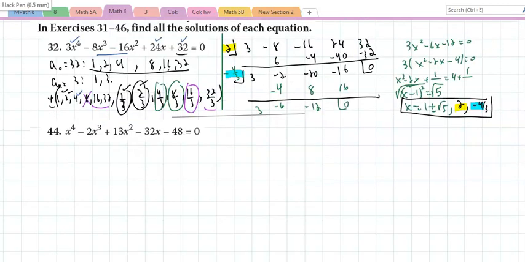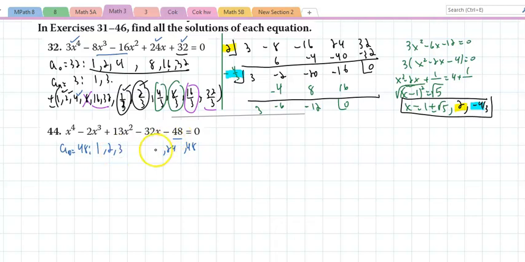Okay, due to time constraint, this is the last problem. I want to really do 38, but no time. So here, the factors of a sub 0 are, that's 48, so that's 1 times 48, 2 times 24. 3 divides 1 time 16, 4 and 12, 5 doesn't work, 6 and 8.